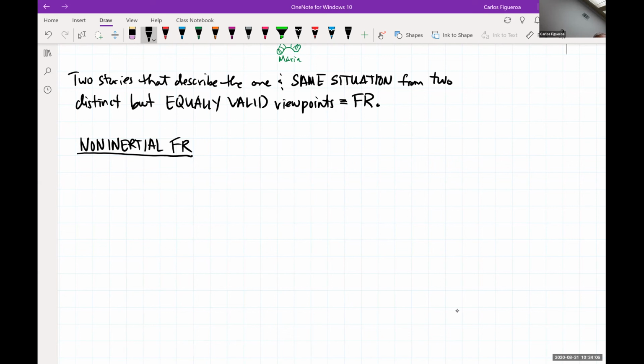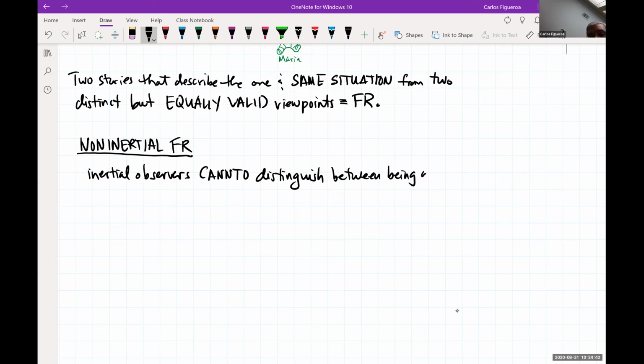If I keep summarizing the same point again and again, what we've said here is that inertial observers cannot distinguish between being at rest or constant velocity.